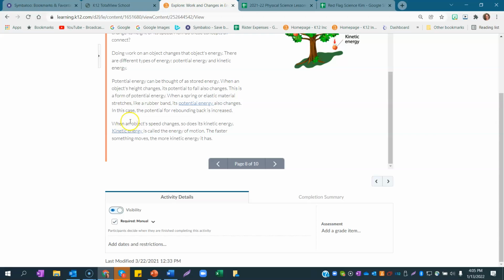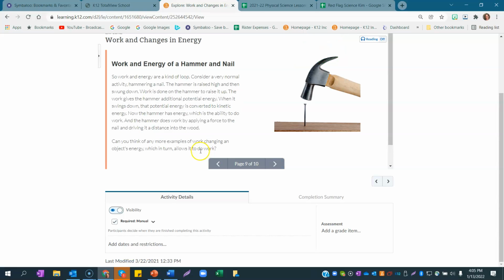It talks about the loop here, and it talks about the addition of potential, and then it swings down, how that's converted to kinetic. And then that causes movement. So that's that loop it's talking about, that conversion of potential to kinetic. So make sure you have that answered for number 6.